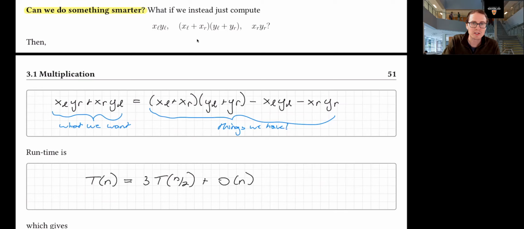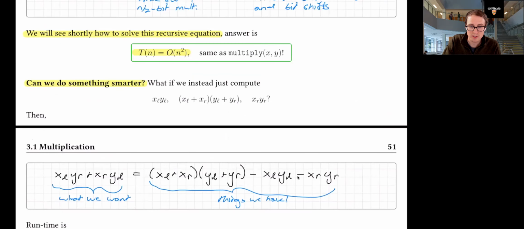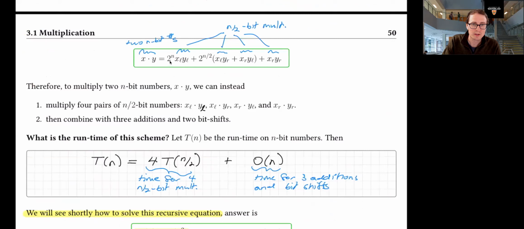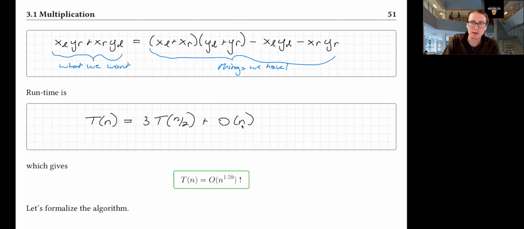That's the time to compute x left plus x right, an addition, and y left plus y right, another addition. Then to do this, I need to do 2 subtractions, then 2 bit shifts, and 2 more additions. So there's more going on in this big O of n, but it's still big O of n because there's still just a constant number of big O n operations.